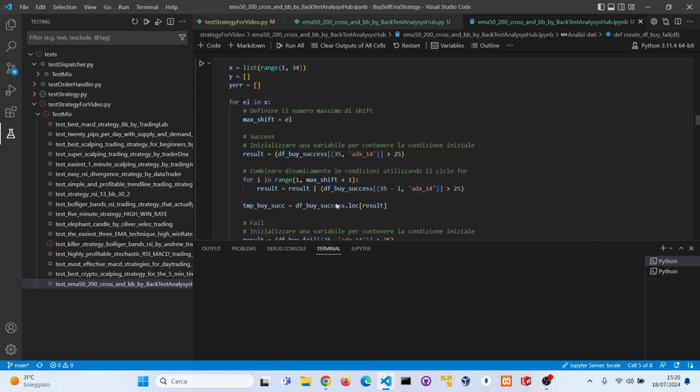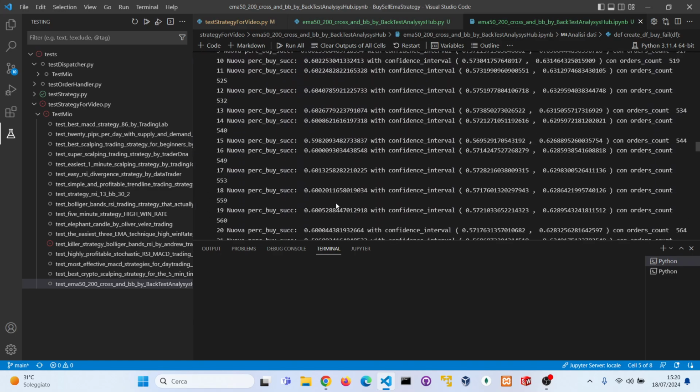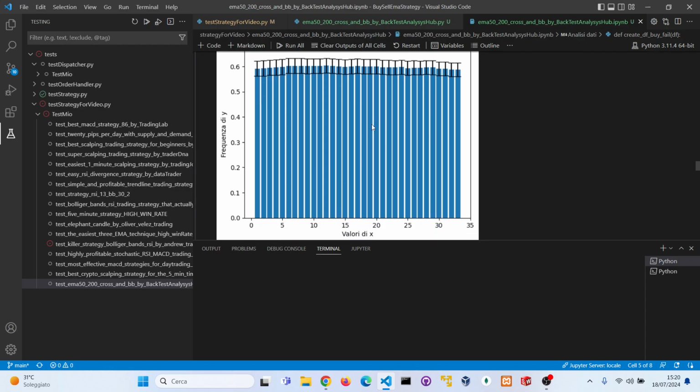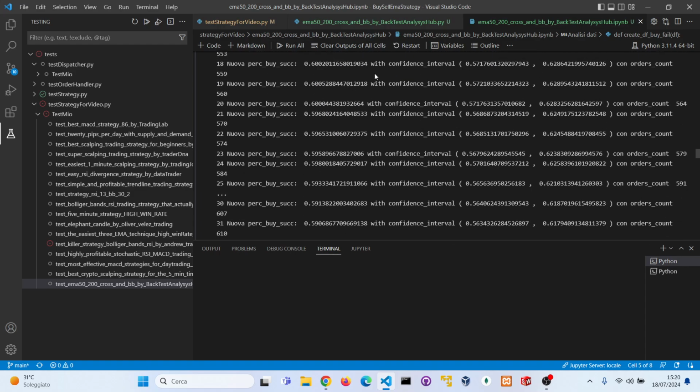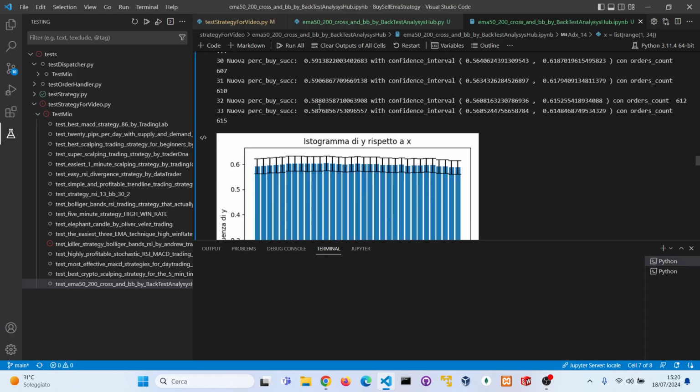And the condition on the ADX is that I'm checking in an interval of candles before that at least one of them has an ADX above 25. And what I have found is that if you check for at least one candle with ADX above 25 in the last 20 candles, the new average success rate would have been almost 60% for long positions.